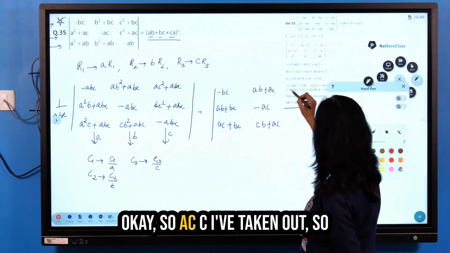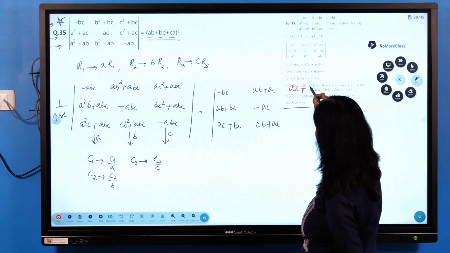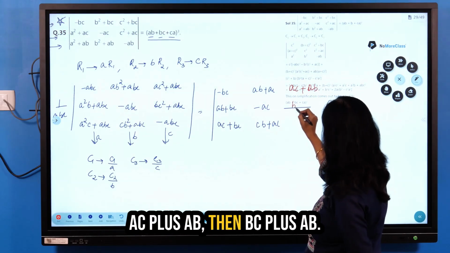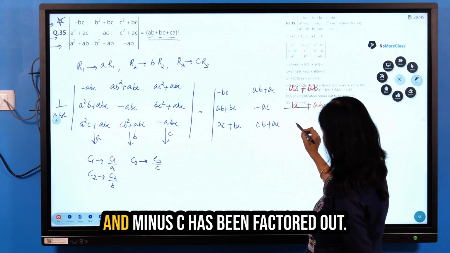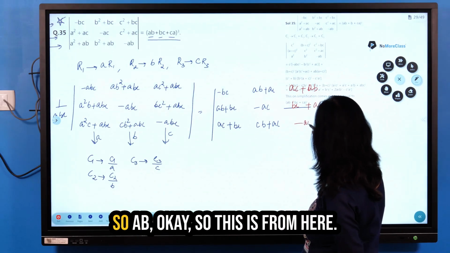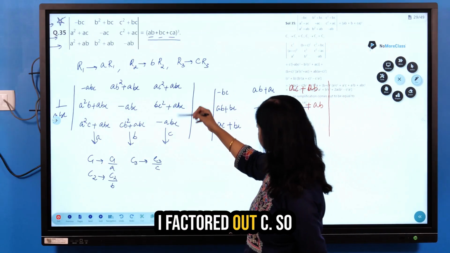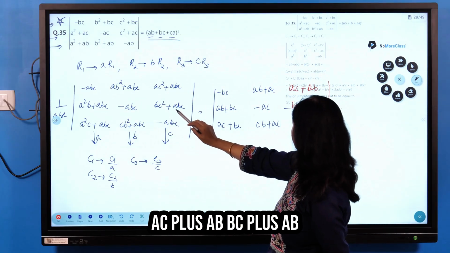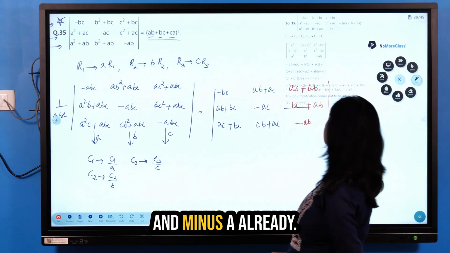Okay, so AC, C I've taken out, so AC plus AB, then BC plus AB, and minus C has been factored out, so A. From here I have factored out C. So just check once again: AC plus AB, BC plus AB, and minus AB, all right.